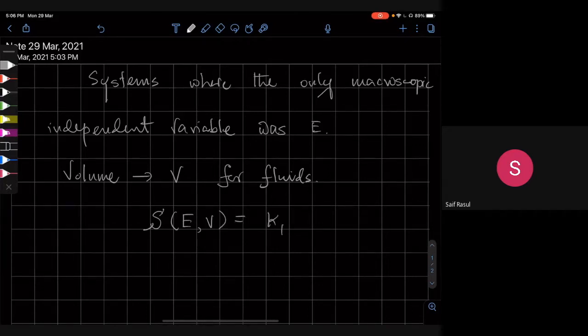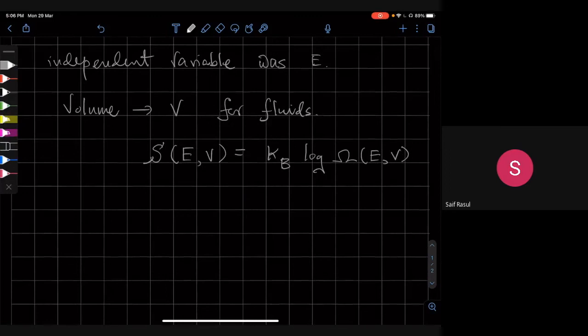And the number of possible configurations should take into account not just the energy, but also the volume of the system. And this is something that we will see in example when we do, for example, classical gases. So we will see examples of this in the future.